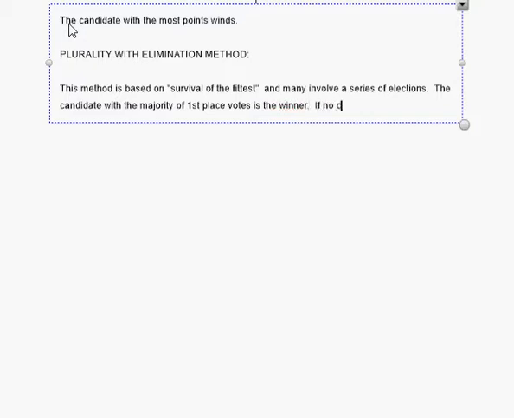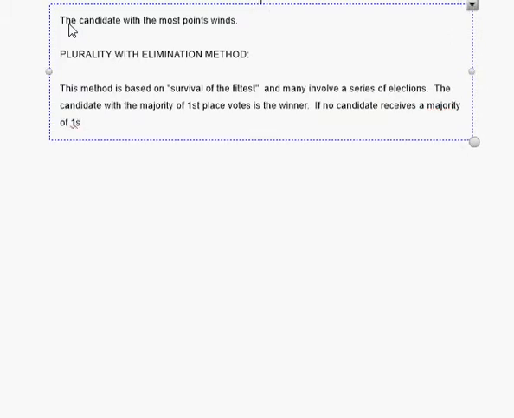If no candidate receives a majority of first place votes, eliminate the candidates with the fewest first place votes.